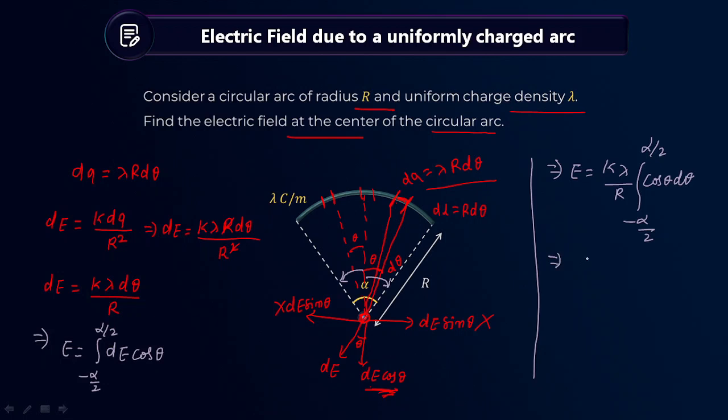So E will be equal to k lambda by r, and sin of minus theta is minus sin theta.